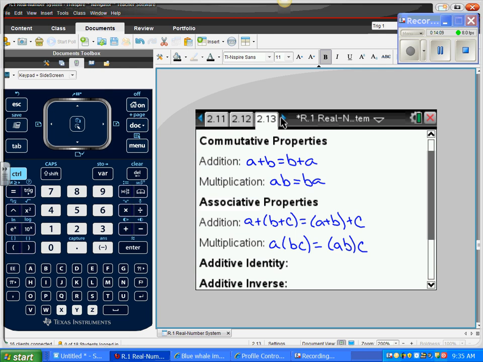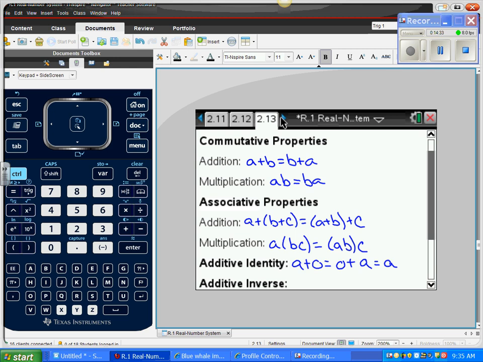Okay. Additive identity. My additive identity is using the identity for addition, so what can I add to anything that won't change it? So my additive identity is going to be a plus 0, which, as we know, is the same thing as 0 plus a, which is just a. Okay, so my additive identity is 0.